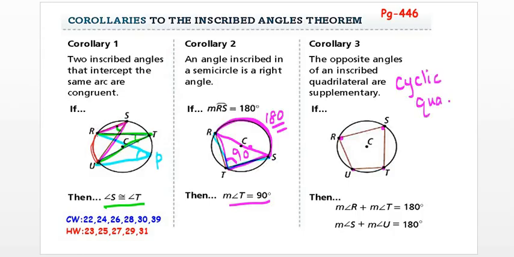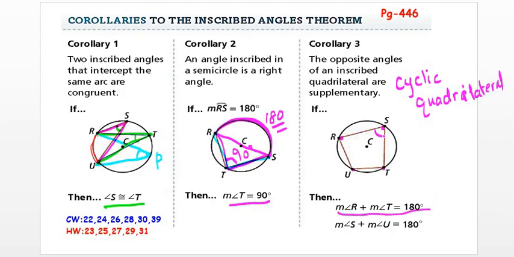Okay, this is a special quadrilateral. Why? Because it has all its four vertices on the boundary of the circle. In this case, if you have a quadrilateral like this, the opposite angles, their sum will always be 180.